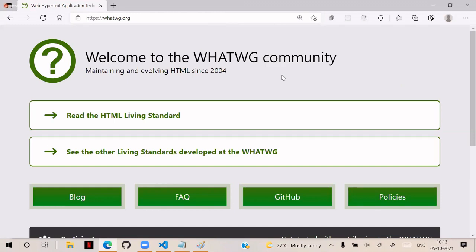If you want to know about HTML, you have to come here and read about it. Whatever the latest happening, anybody, any website in the world has to get information from here only. These people will tell you correctly and exactly what it is.